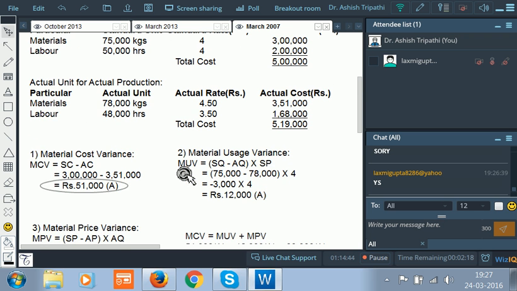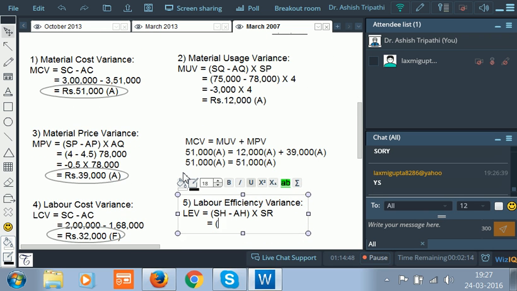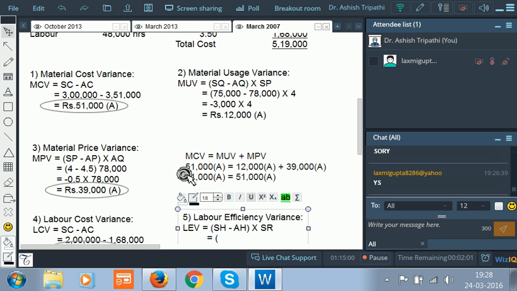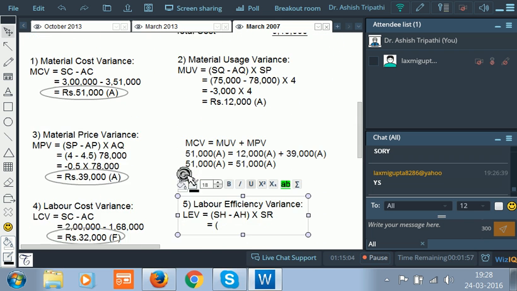Now we will have to see the standard hour. 4 minus 3.5 into, it's a mistake.